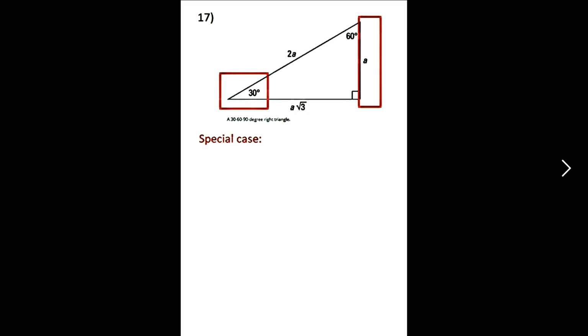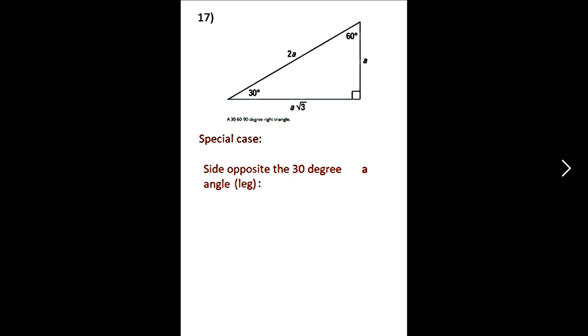So here we go. You see this? This is a 30-degree angle, and the side opposite of that, we're just going to call some length A. So the side opposite of the 30-degree angle is A, and that's one of our legs. Now, what we would normally call B is right here. See that 60-degree angle?